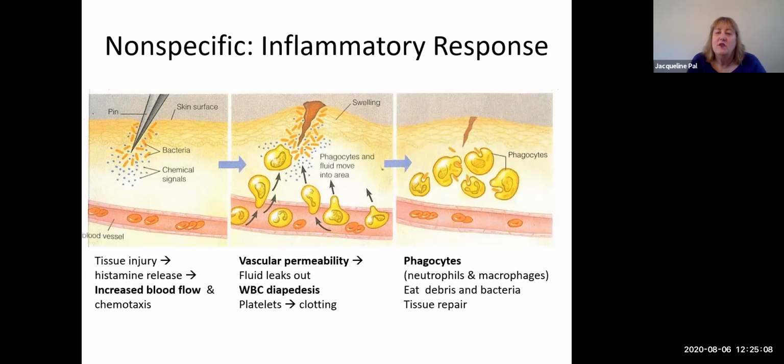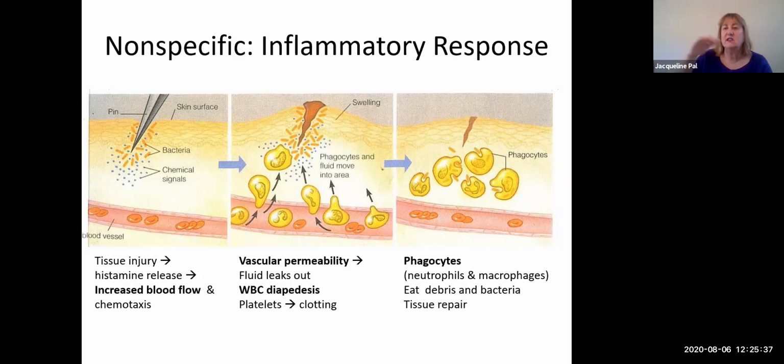Now that we have white blood cells in the tissue, remember the first responders are going to be neutrophils, and so we're going to have a lot of neutrophil-based phagocytosis for the first 2 or 3 days. We are going to have more monocytes entering the tissue, becoming tissue macrophages, and that will start going up significantly after 3, 4, 5 days.